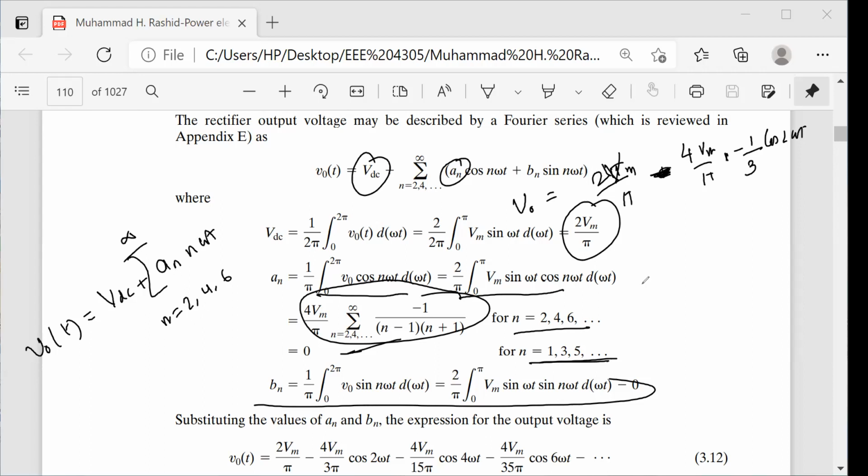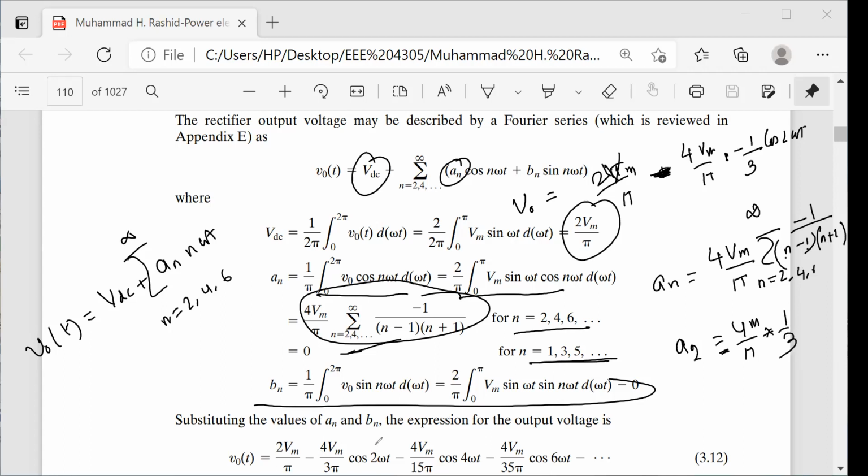And then what is an? For n equal to 2, 4, 6 up to infinity, an has already been given here. We have calculated it as 4Vm by pi times 1 over (n minus 1)(n plus 1). So suppose you are putting n equal to 2. Then it will be 4Vm by pi, then minus 1 by 3, times cosine n omega t.